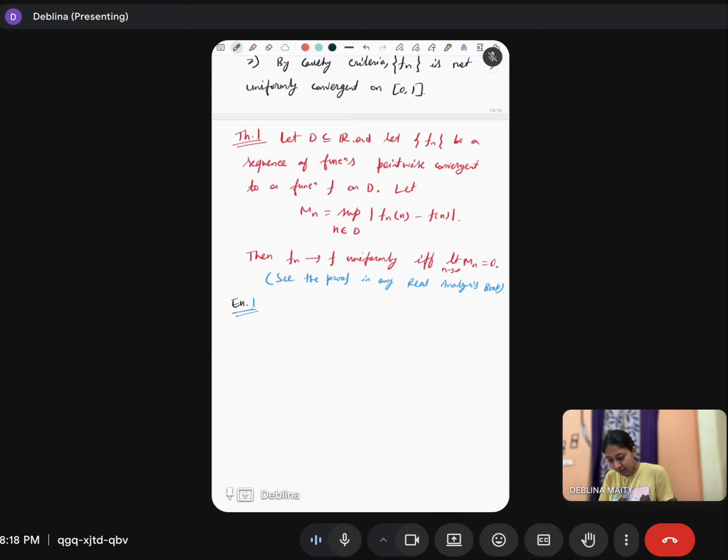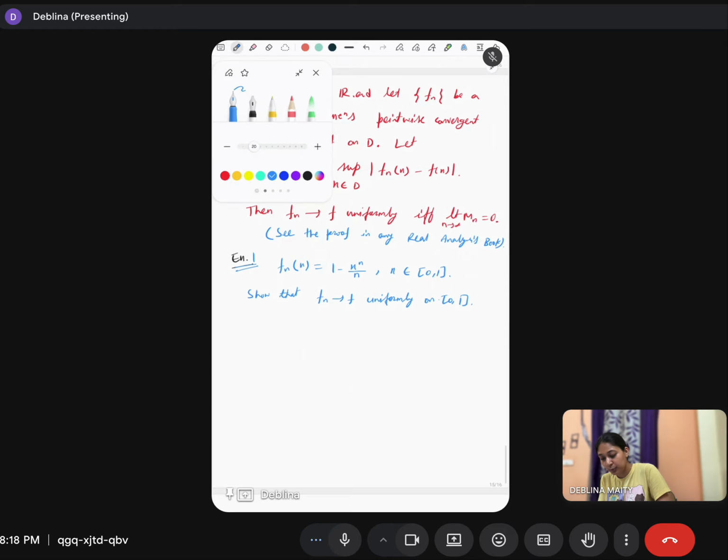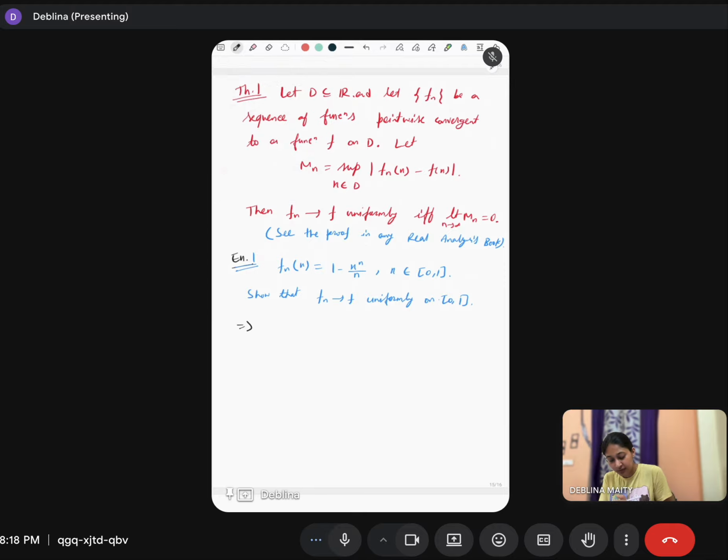So take fn(x) to be (1 minus x to the power n) by n, where x belongs to [0, 1]. Then show that fn converges to f uniformly on [0, 1]. This we have to prove, and we will use this theorem.